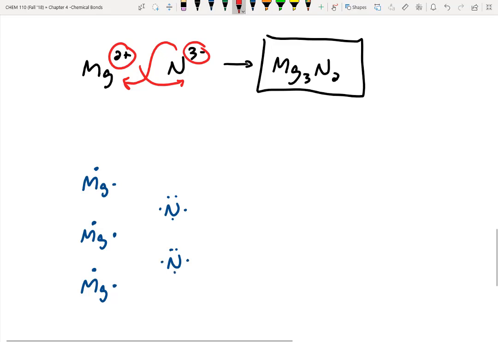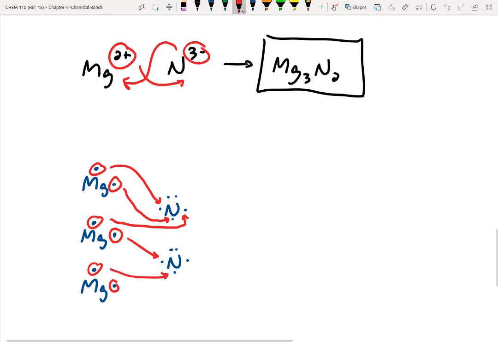So what we can do is say, all right, this magnesium is going to give 1 electron here, 1 electron there, but that nitrogen is still short 1 electron, right? It would only have 7. So maybe it's going to take its last electron from this magnesium, and then this other electron can go to the second nitrogen, along with the 2 electrons off of magnesium. So we can kind of shuttle all those electrons over.